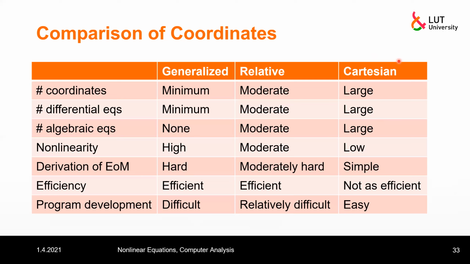However, of course, there is other software, like for example Recording or Meva, used at our universities, and they mostly use relative coordinates, mainly because of this reason. I'm sure there is some research software that uses generalized coordinates, but it is not so widespread or well known because of this difficulty.